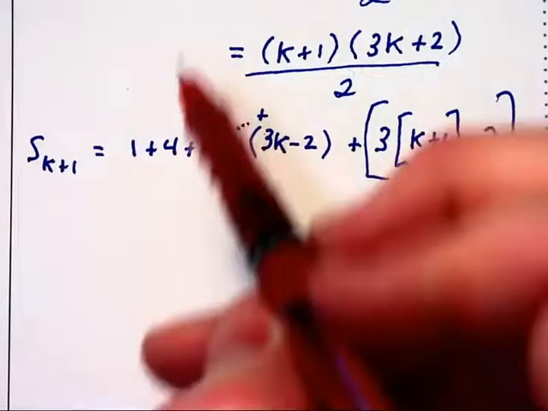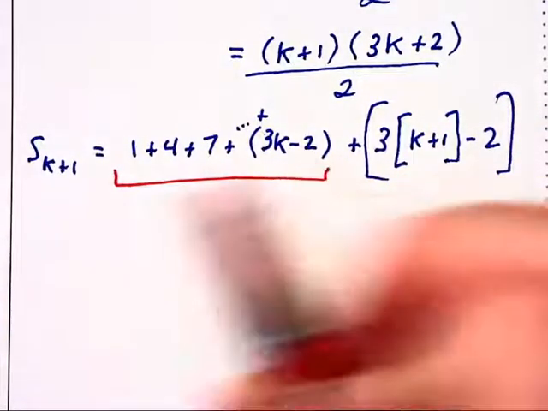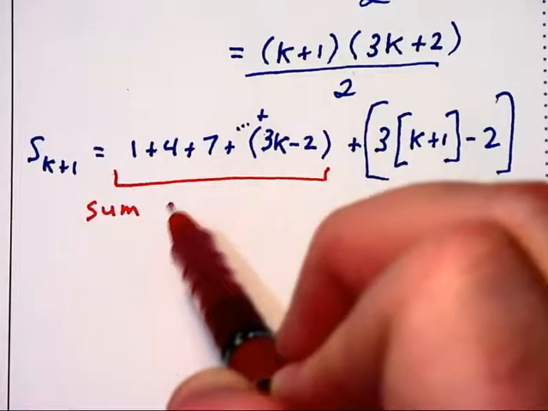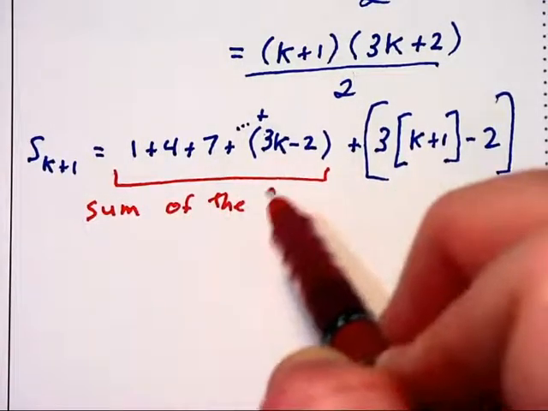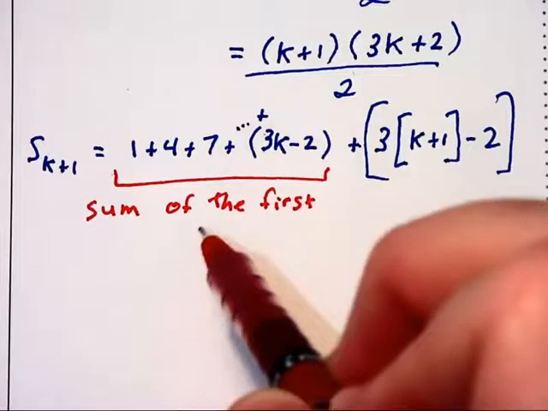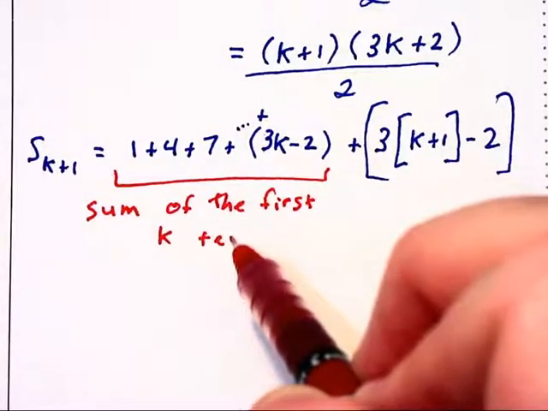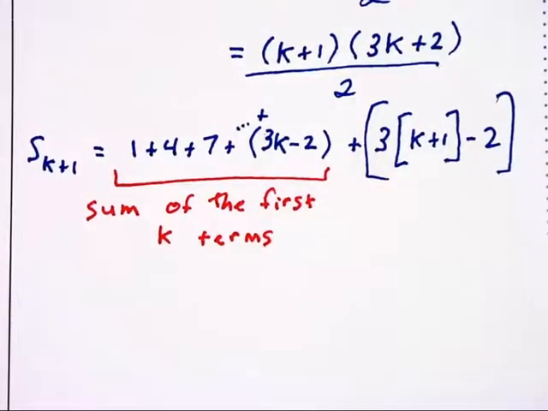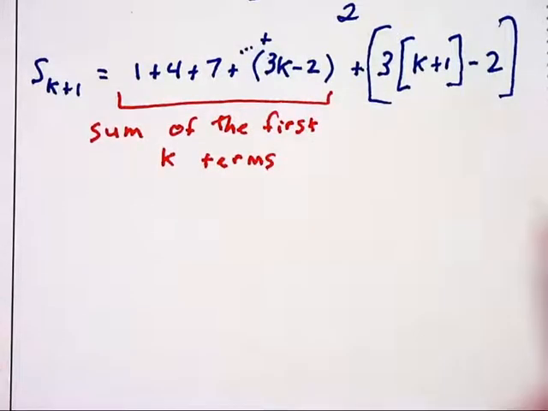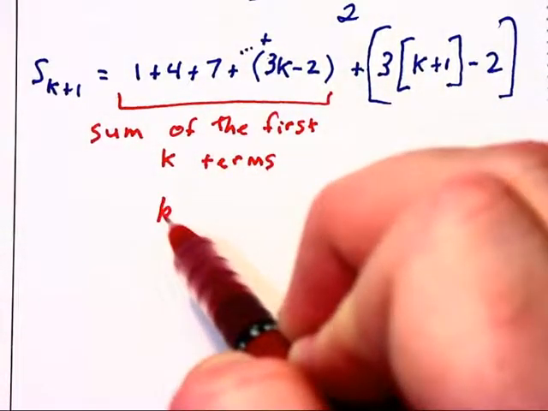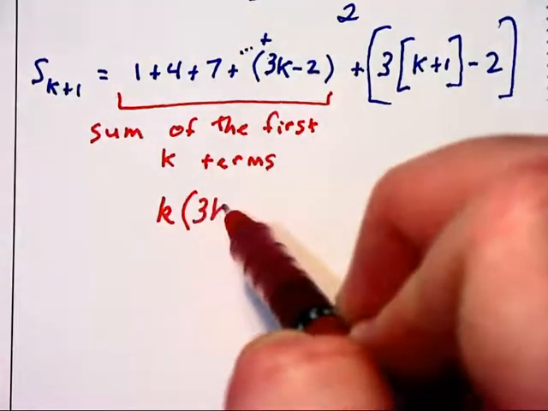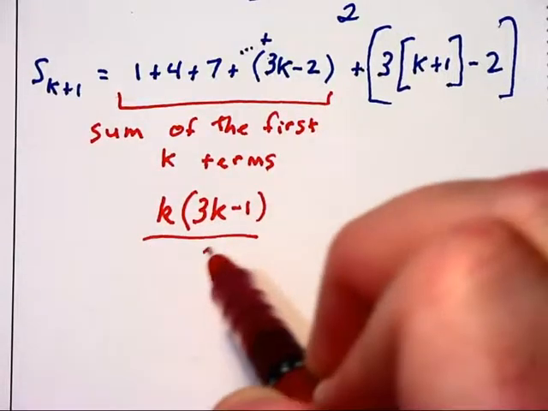We know from up above that this is the sum of the first k terms. And we've already assumed in step 2 that this is equal to k times (3k minus 1) all over 2.